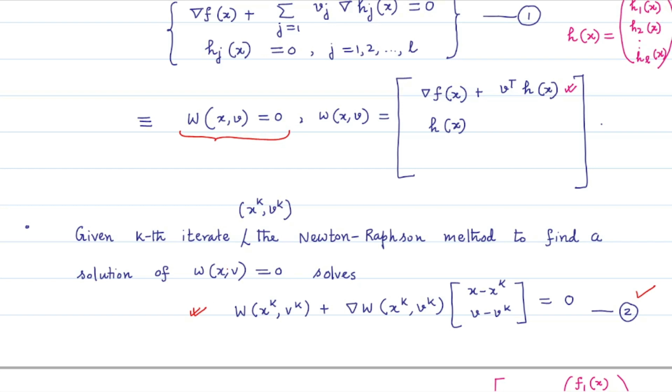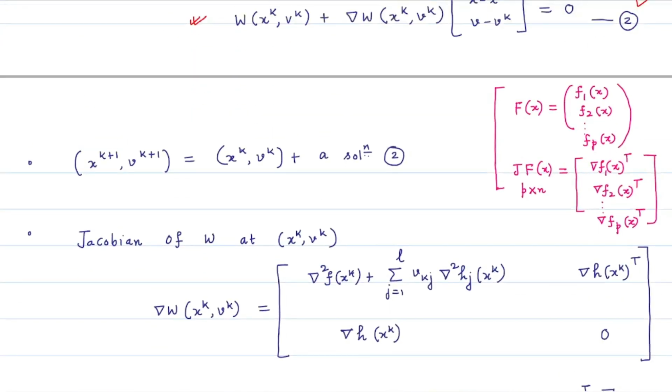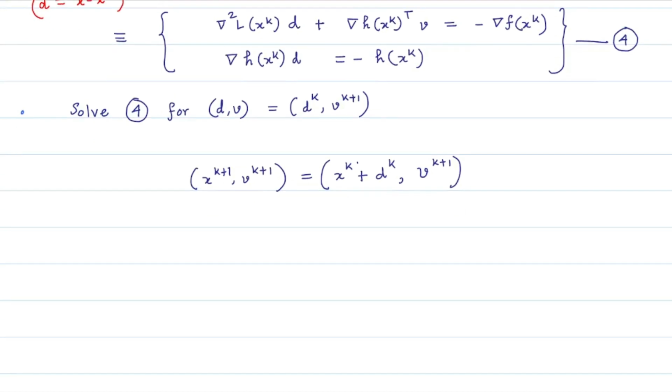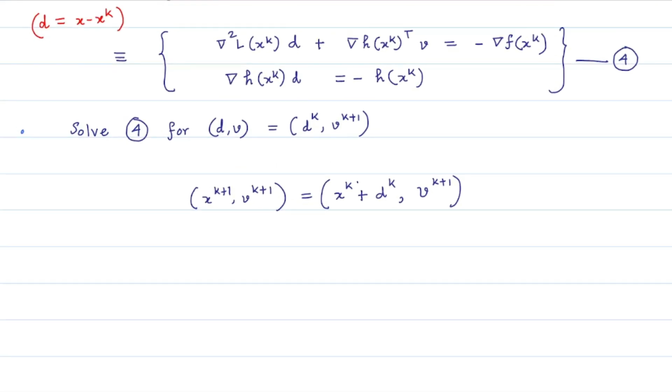To find a solution of this equation with the sequence (xk, vk), given the kth iterative point (xk, vk), we go for solving this equation 2, which effectively is solving the equation over here 4. By solving this equation 4, we are going to find the value d and v, and that is effectively going to give us the next iterative point (xk+1, vk+1).